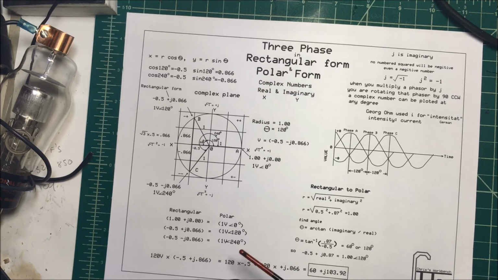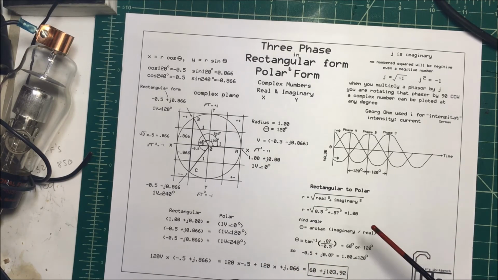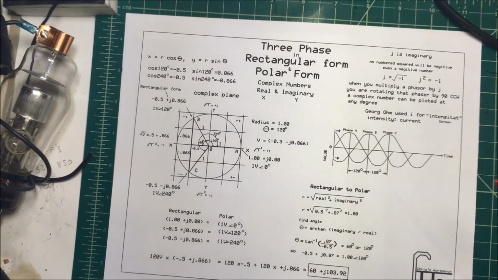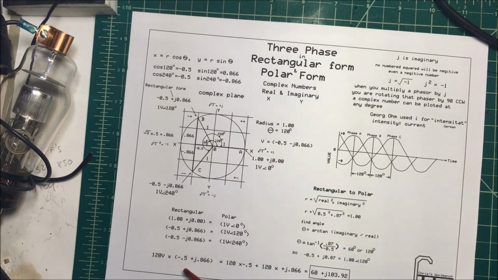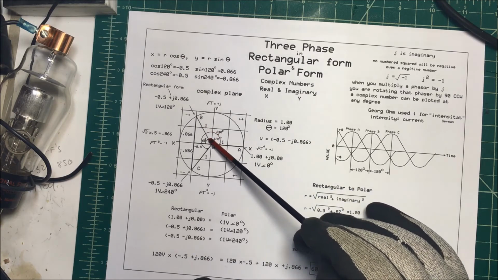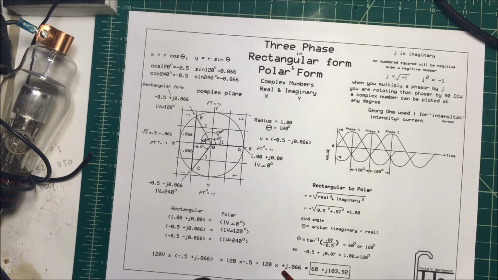Now, say we have an RMS value of 120, so we just take our 120 times, say on this phase here, times our minus 0.5 plus our j of 0.866. So we can multiply those out, and it comes out to minus 60, half of the 120, and then plus j103.92.